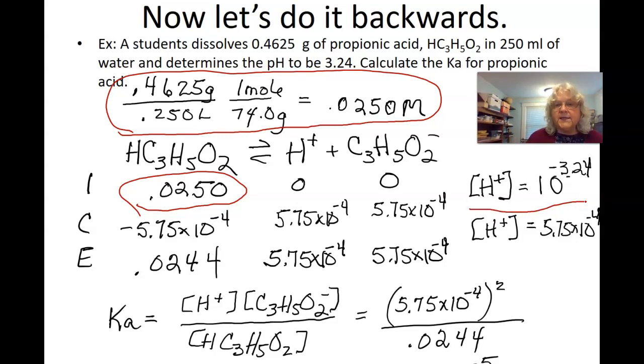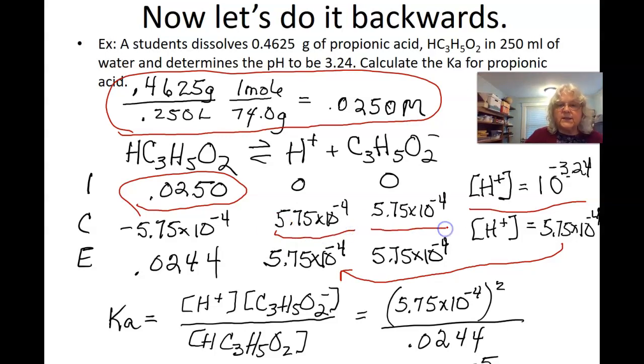So if I know the pH is 3.24, then for the hydrogen ion concentration, I change the sign on the pH, and then I take the inverse log. So it's 10 to the negative 3.24, which is 5.75 times 10 to the minus 4. So I took that value, and it made it the equilibrium concentration of my hydrogen ion. So if I started at 0 and I ended at that, that's also my change.